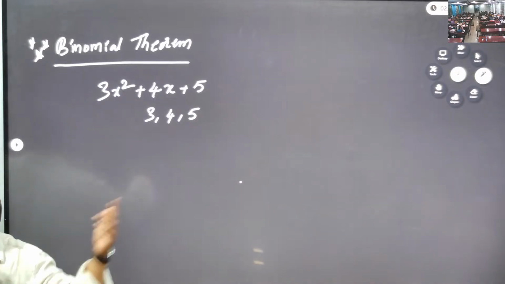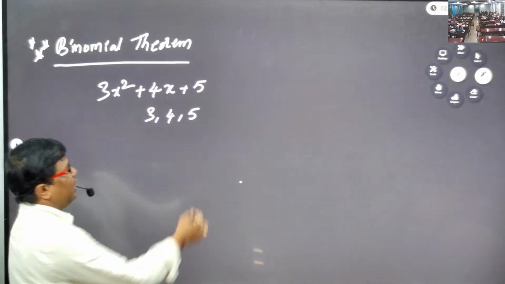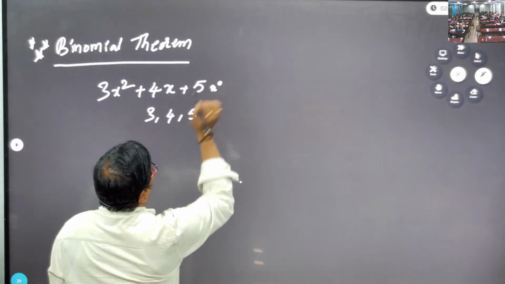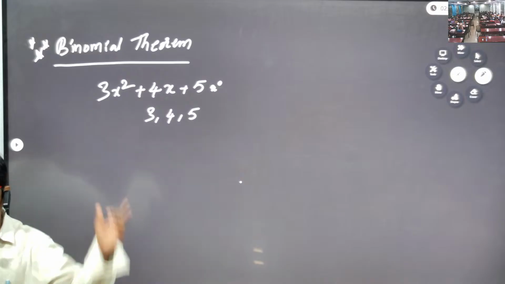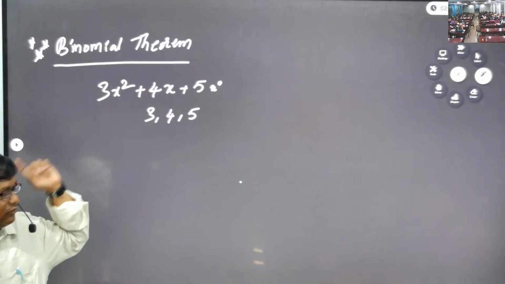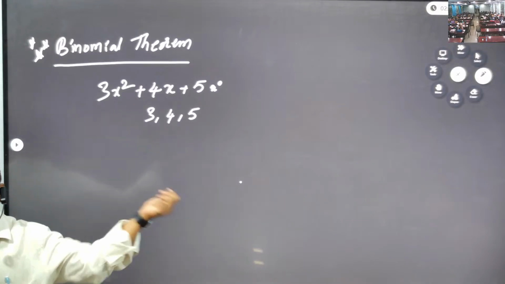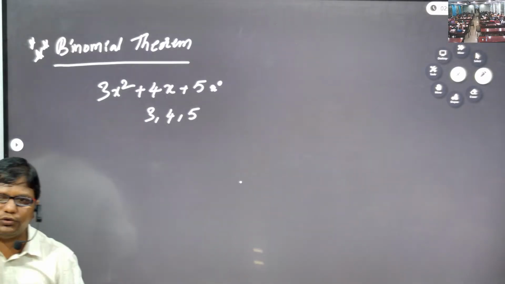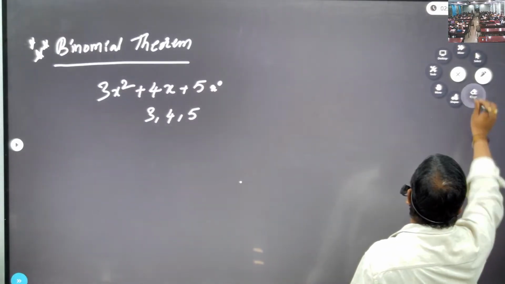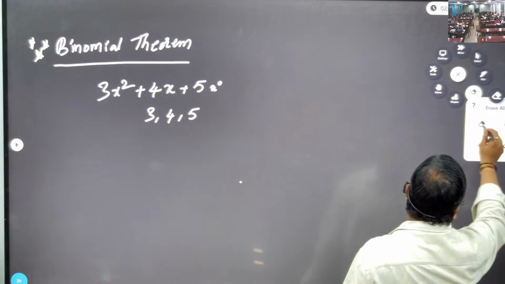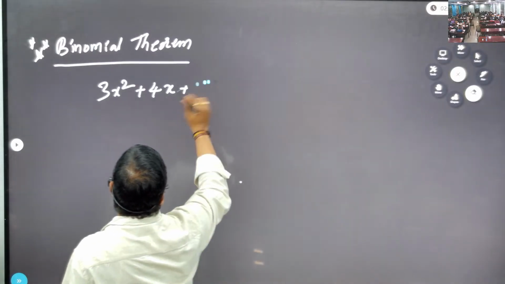Here I will keep x power 0 at the end for the 5, or even without keeping it, I say that the coefficients of the given equation are 3, 4, 5.